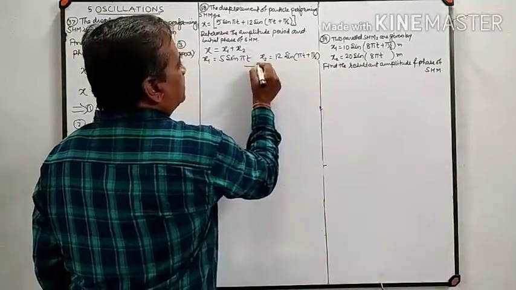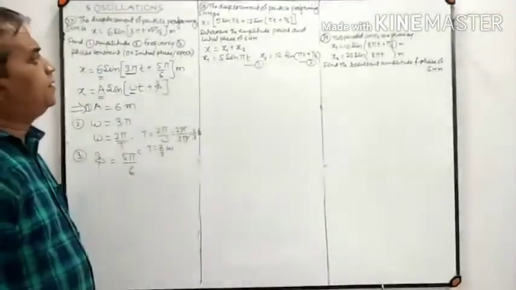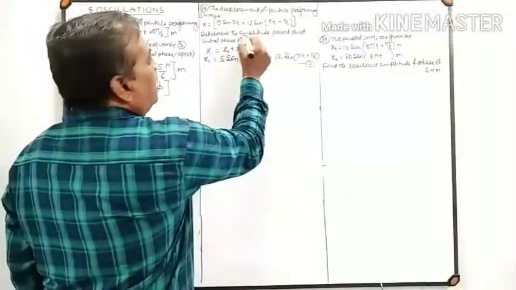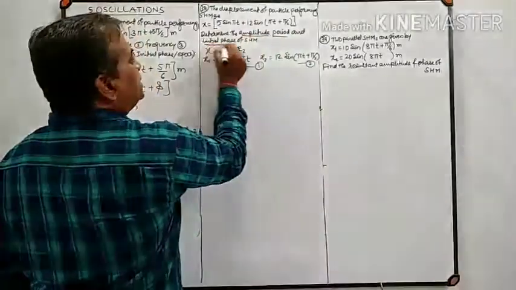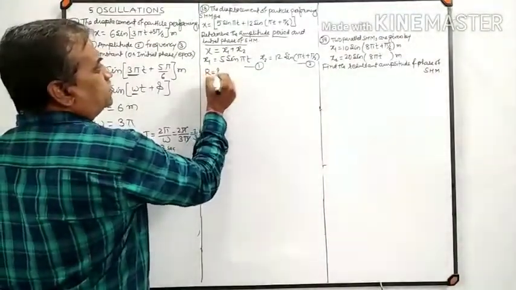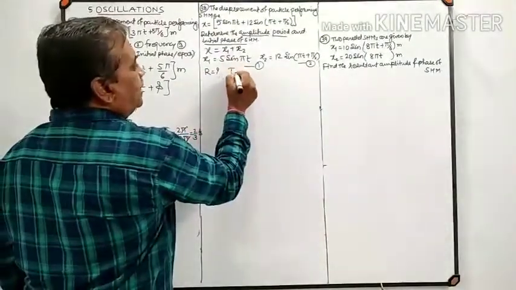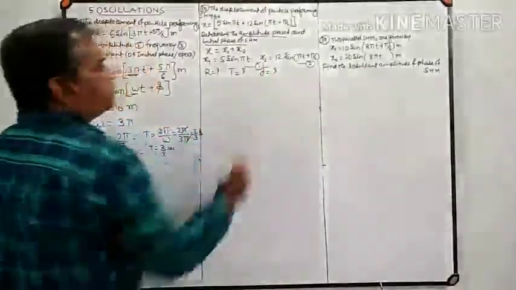So we have two separate equations for two different SHM. Now we have to find the amplitude of resultant motion, and second, the period and initial phase of the SHM. That means we have to find R equal to question mark, then the time period T, and finally initial phase δ equal to question mark.